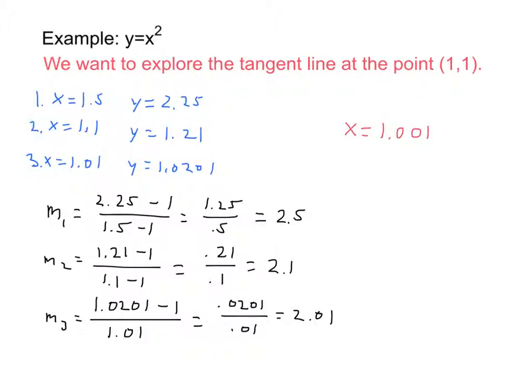What I'd like you to do is pause the video and find the slope of the line that would connect the point when x is 1.001 and the point 1, 1, and see if that confirms or contradicts our assumption that the slope of the curve at x equals 1 is actually 2. So pause the video. Once you're done, come on back, see how you did.